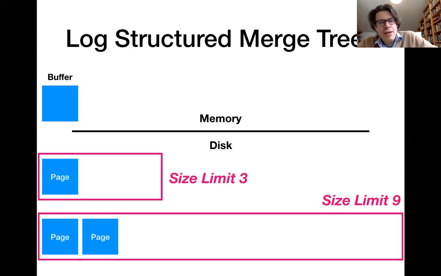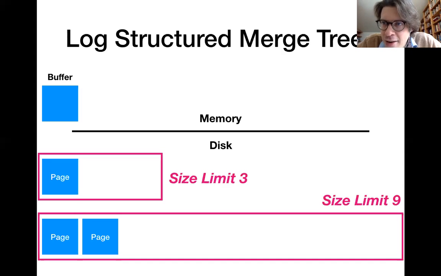And here, as you see, currently those levels are not filled up. So there's still a little bit of space until we reach the associated size limit. For instance, for the middle level, we currently have 1 page stored within it. The size limit would be 3 pages, so we have space for 2 more pages before the level becomes full. So now let's assume that we keep inserting data.